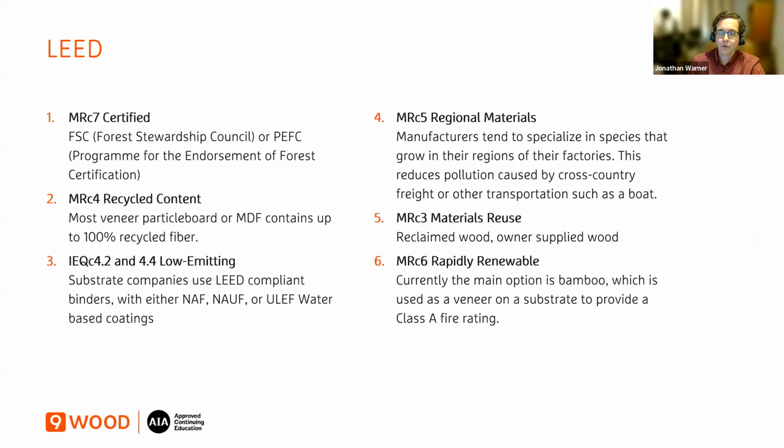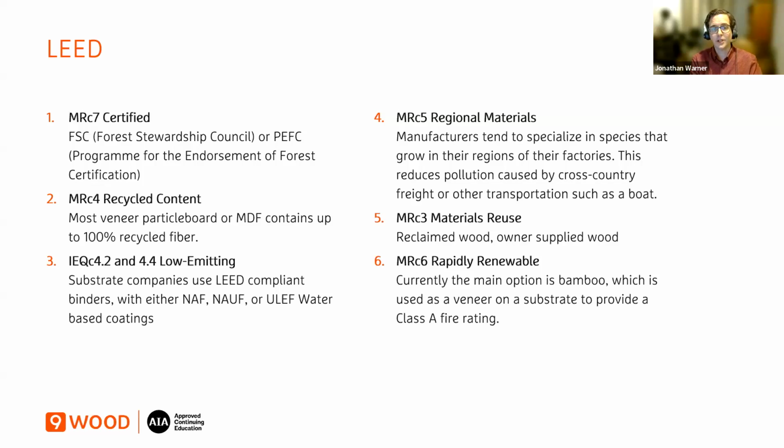With wood ceilings, the big credits that are most important are listed here: the MR7 certified wood and recycled content. Manufacturers should be able to provide a material that can get the MR7 certified credit with either FSC or PEFC, and then recycled content.